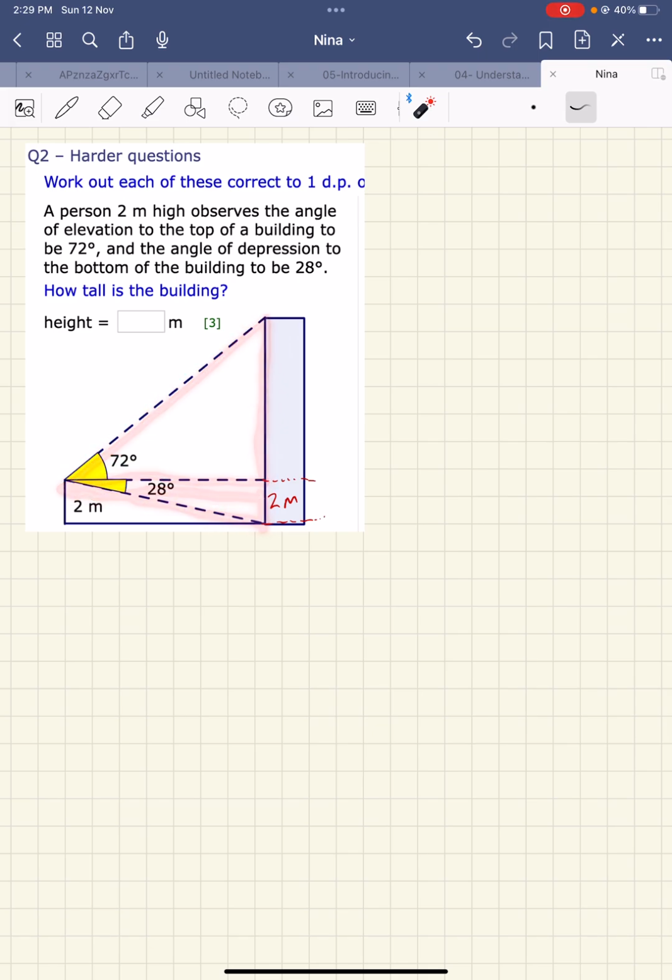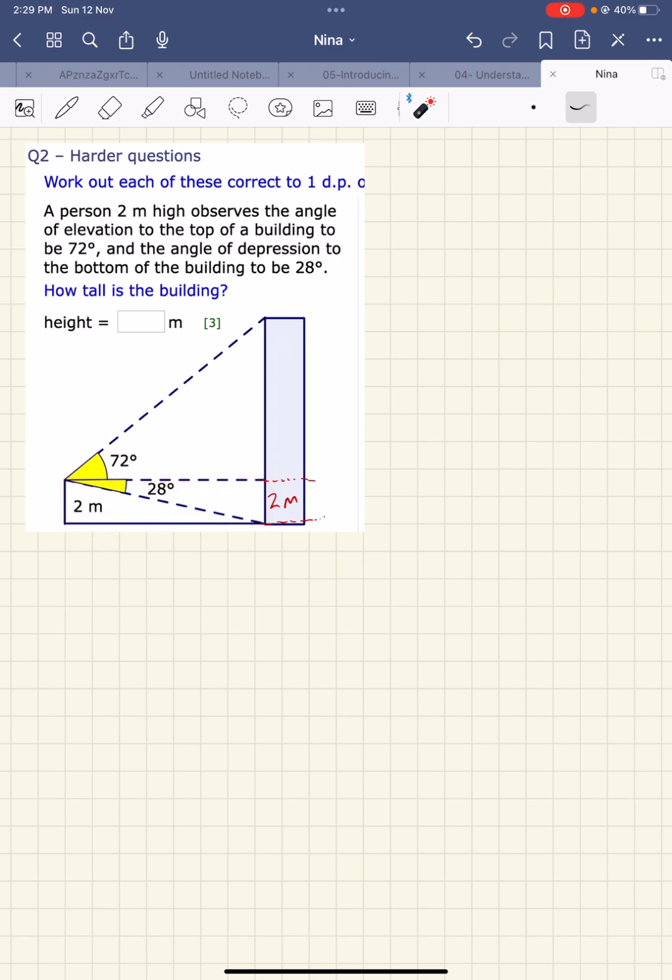You could do it that way. Or we could say, here's a right angle triangle. Alright, and that might be quite helpful for us. Now notice there's a number given in terms of distance, 2 meters here, 2 meters here. We've got angles here. So maybe this bottom triangle is the best one to try.